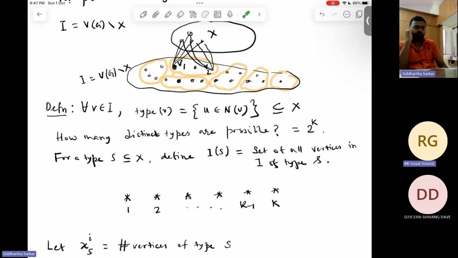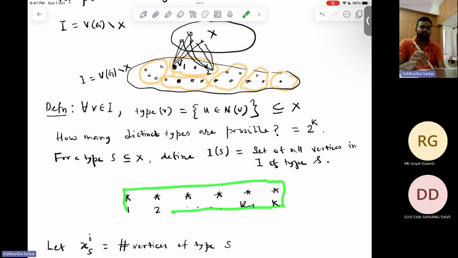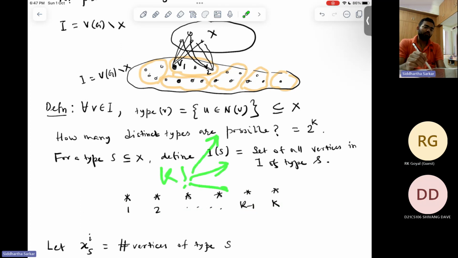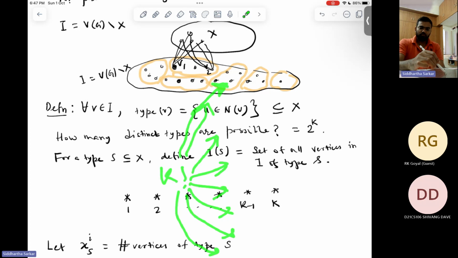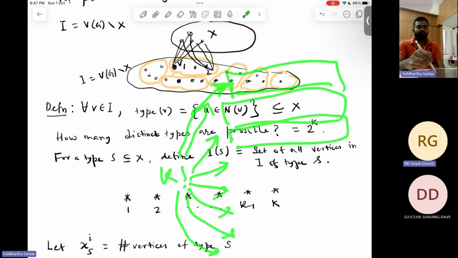We have just decided an ordering for the k vertices. In fact, there are k factorial orderings, so we will solve k factorial subproblems, one for each of these fixed orderings of the k vertices in the vertex cover. Whichever gives the best, we will take that.